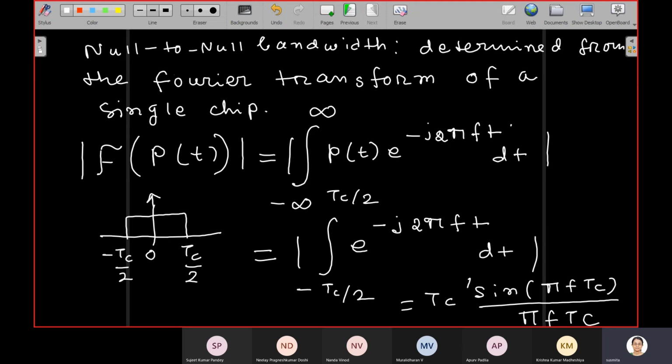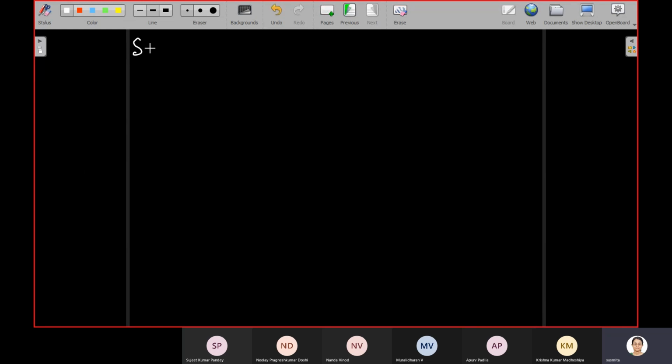Now this function sin pi f Tc by pi f Tc has a name. We basically have sin y by y, and this is called the sinc function, sinc y.